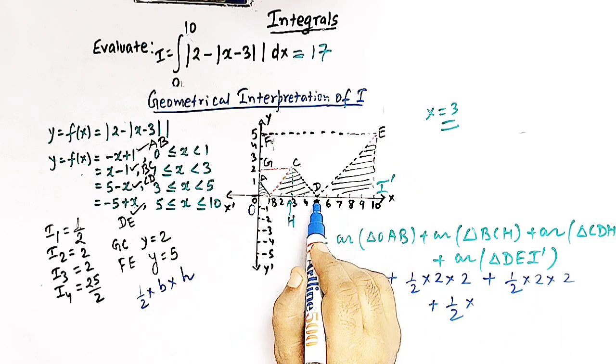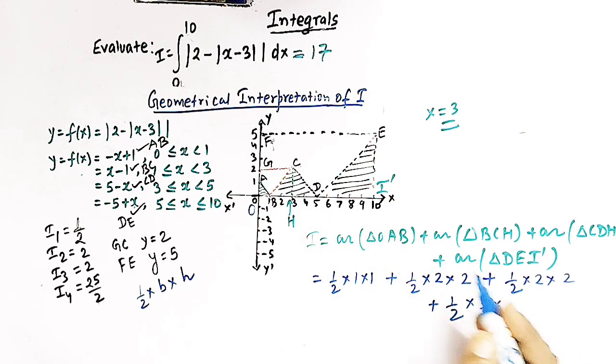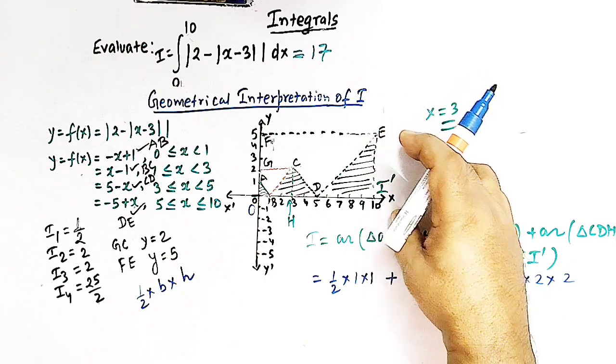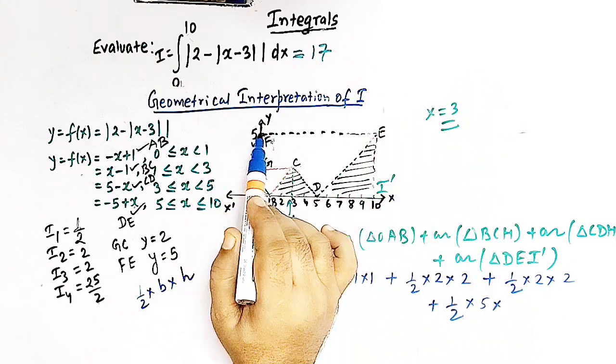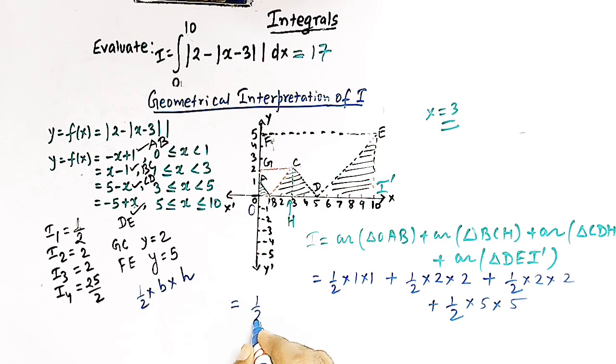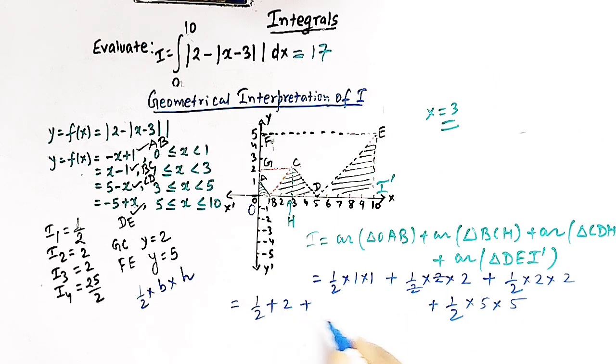The base is given by 10 minus 5, that is 5, and the height is given by EI prime, that is 5 minus 0, that is 5. So now we have here half, and here 2 and 2 get cancelled, so we have 2. Here also 2 and 2 get cancelled, here we have 2, and here we have 25 over 2, right?